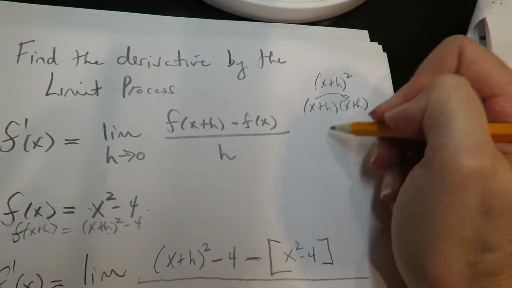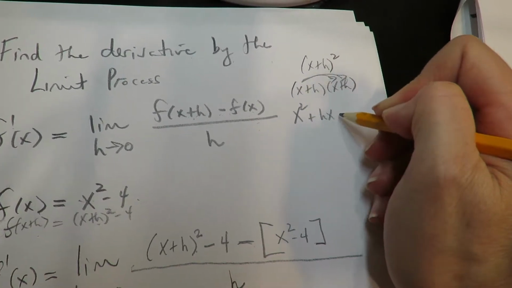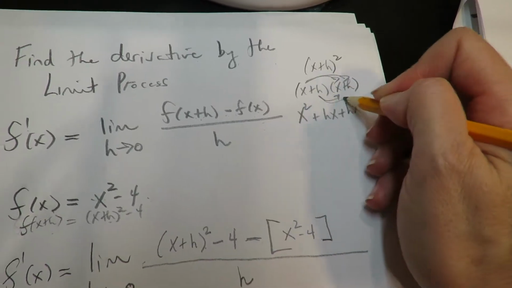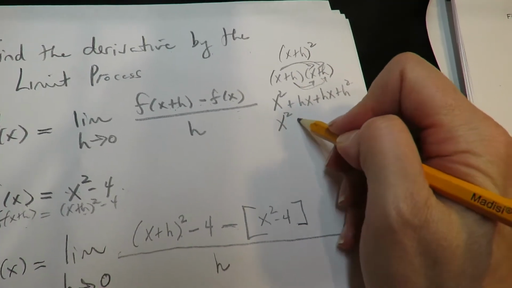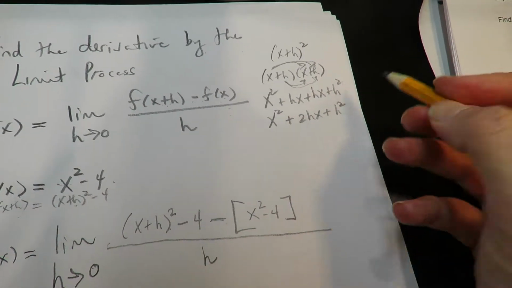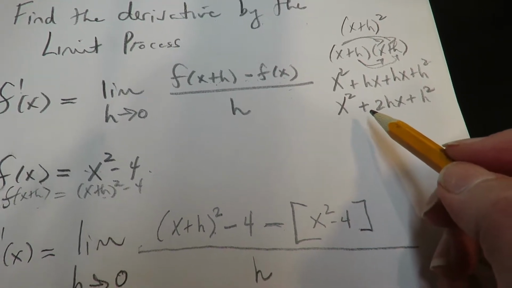You have to have x times x, then x times h. Keep it in alphabetical order when you do that. H times x, alphabetical order, h squared. You always want to go in alphabetical order because then you might not recognize like terms if they're formatted differently. It's hard to recognize patterns if you don't format things in the same manner.